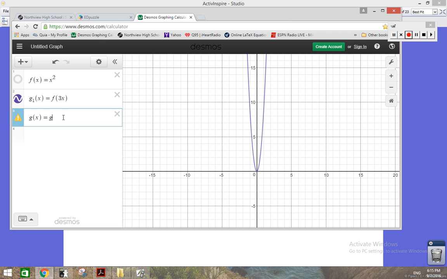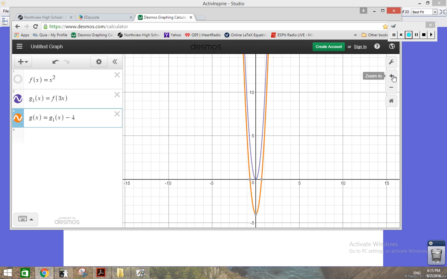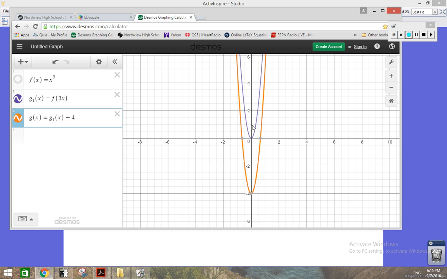So I've got the previous graph shifted down 4 units. So you can see that that's exactly what happened: we started with the graph of x squared. We horizontally shrunk it, which means we squeezed it in towards the y-axis, and then we pushed this graph down 4 units, and there's our final answer.